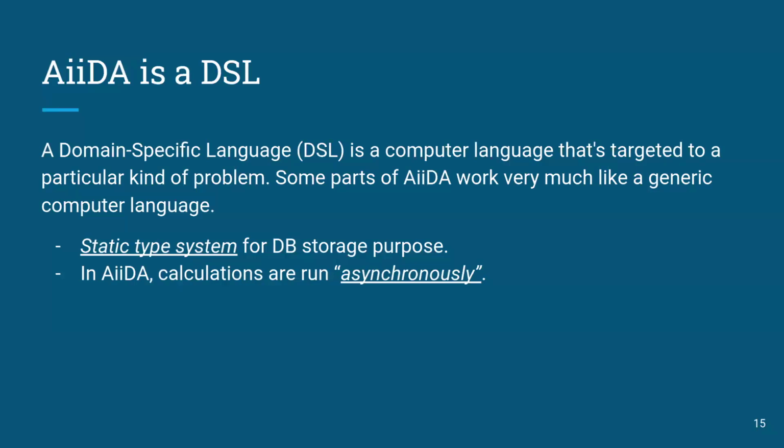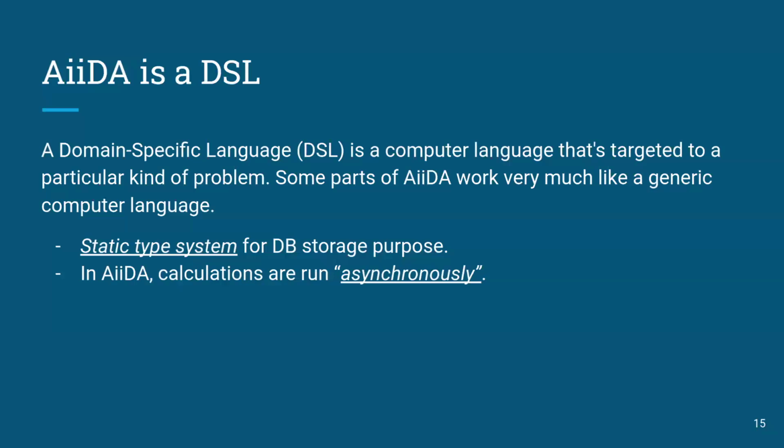I also ask myself why I have these feelings, even though we already put quite a lot of effort into improving usability. I came to the conclusion that in general, AiiDA is complex because it's a domain-specific language, and learning a new language with new syntax and new concepts is in general difficult.